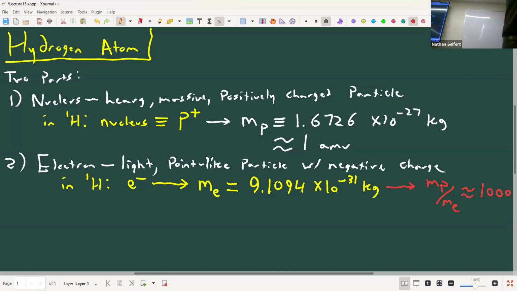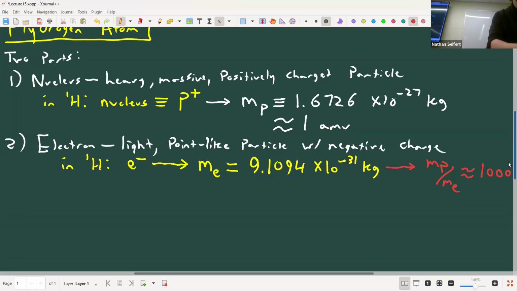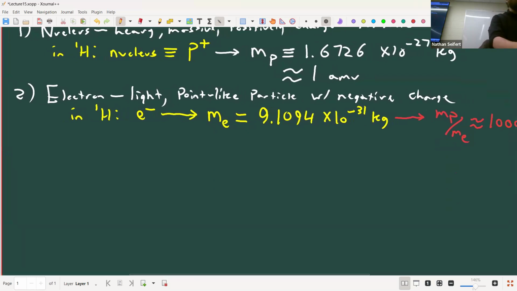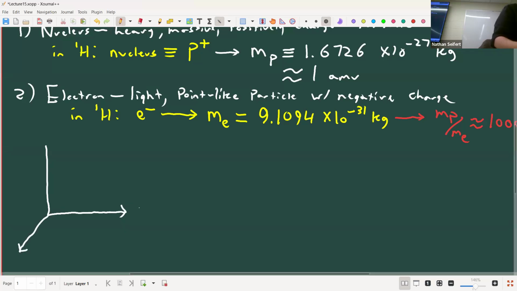Okay, so let's set up this problem in three-dimensional space. We're going to have to represent the system mathematically in some way, so let's come up with a way to describe this system in terms of mathematics. I'm going to embed a three-dimensional coordinate system, X, Y, and Z, and place the proton at the origin.